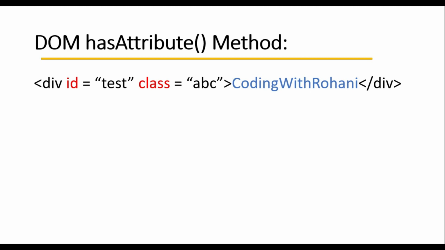Using the id test, we want to check whether this element has another attribute or not without id. For this we can use the hasAttribute method, and this method will only have two values, true or false. If the attribute exists, it will print as true, otherwise false.